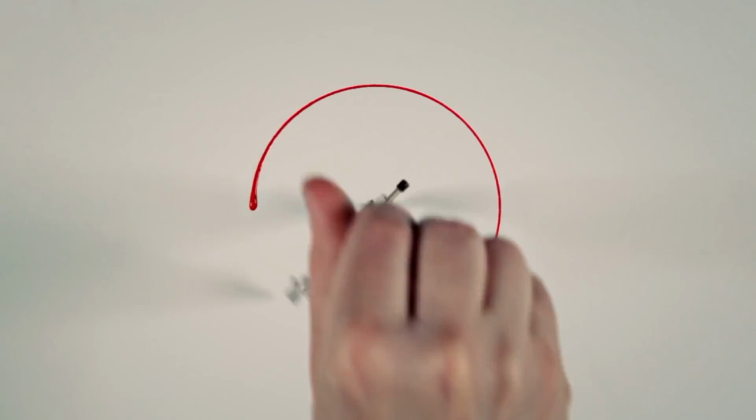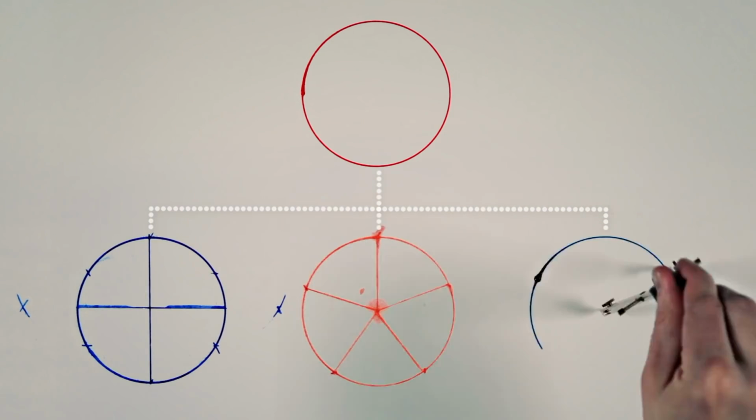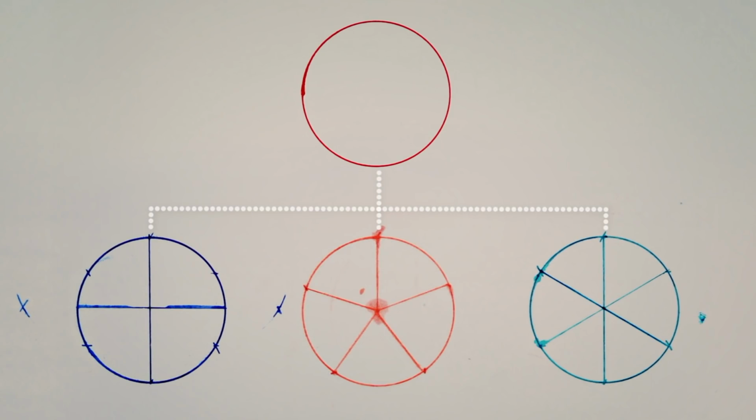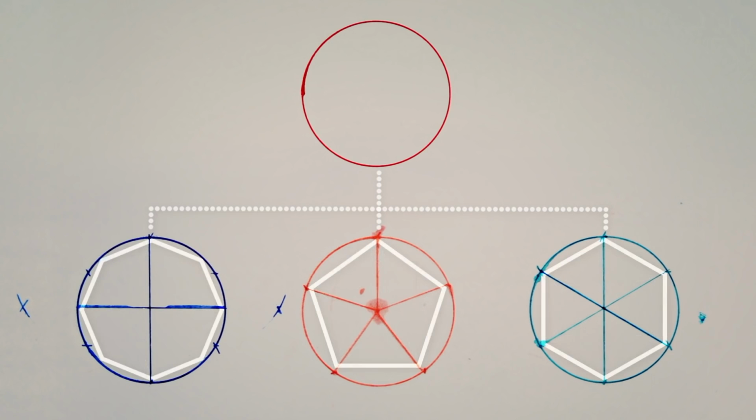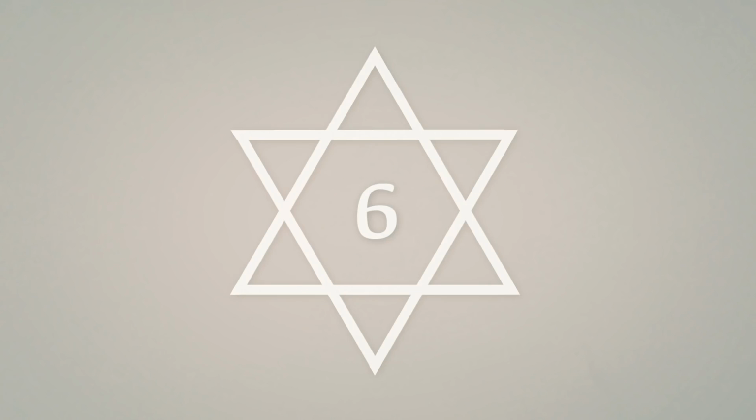Well, everything starts with a circle. The first major decision is, how will you divide it up? Most patterns split the circle into 4, 5, or 6 equal sections, and each division gives rise to distinctive patterns. There's an easy way to determine whether any pattern is based on 4-fold, 5-fold, or 6-fold symmetry.